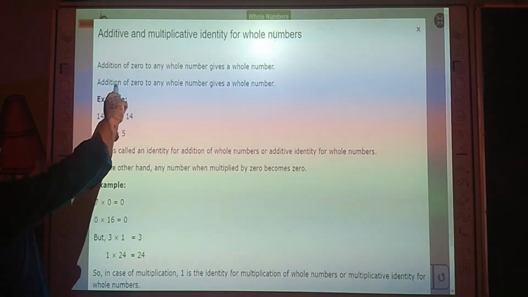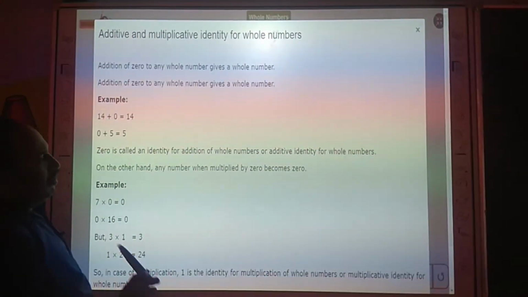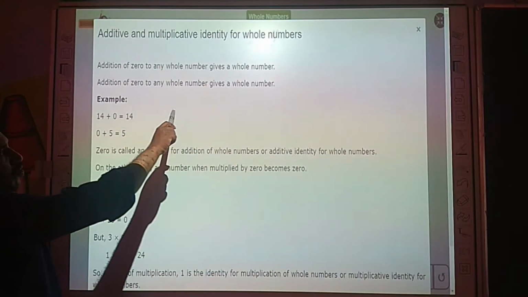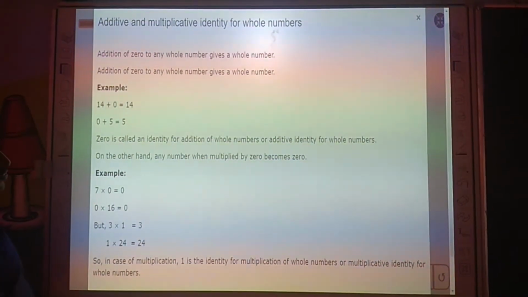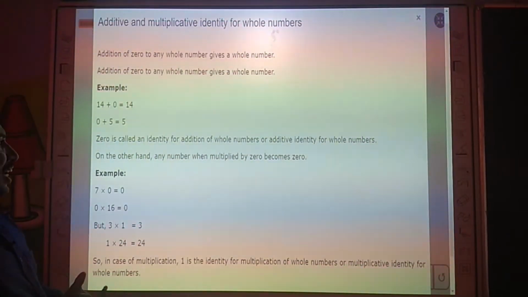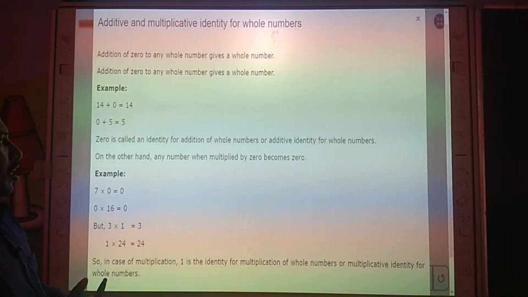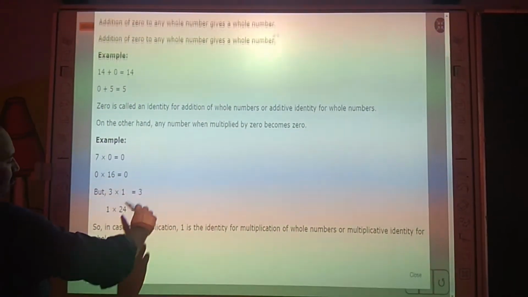That is called addition of 0. Addition of 0 to any whole number gives the same whole number. 0 is called the identity for addition of whole numbers, or the additive identity.